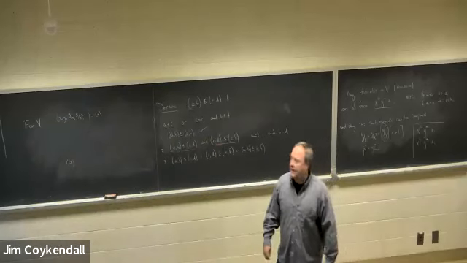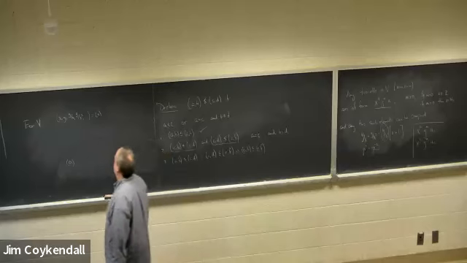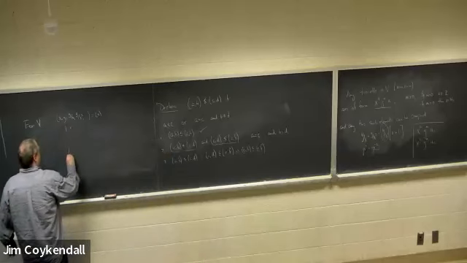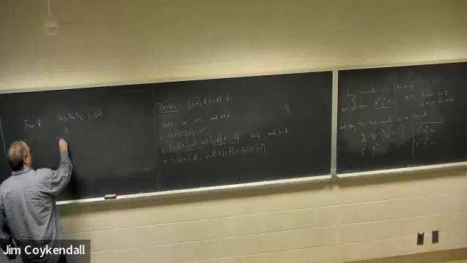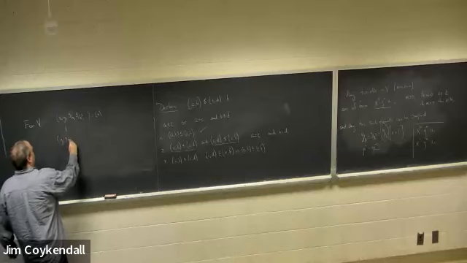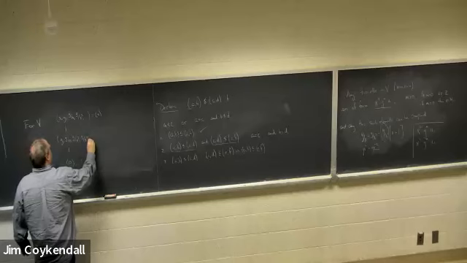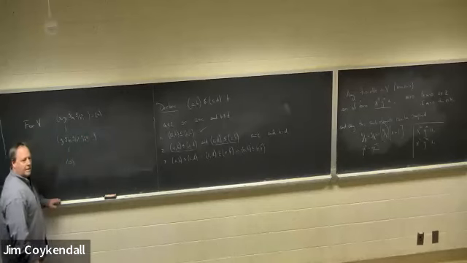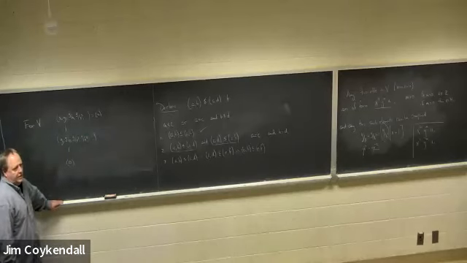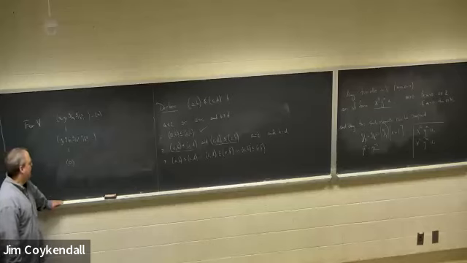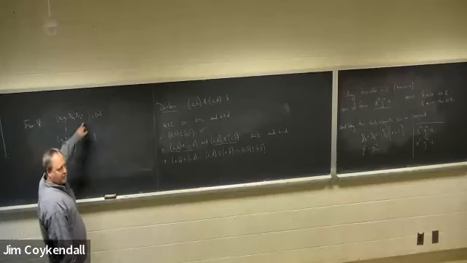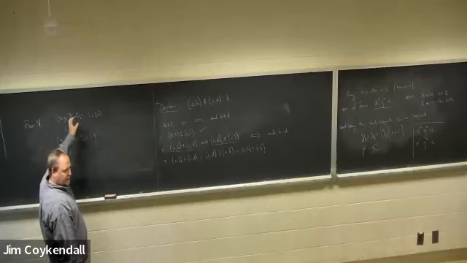And there's another problem. This one is not finitely generated. Which is weird, isn't it? Because you have the zero ideal, you have a principal maximal ideal that's generated by a single element.